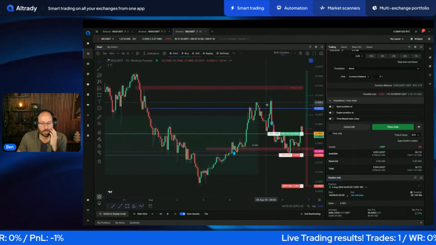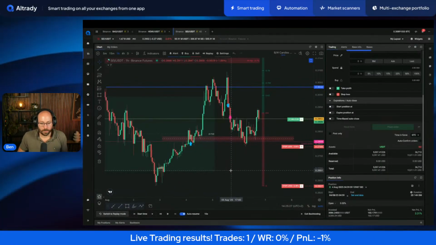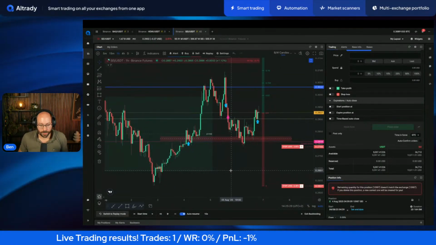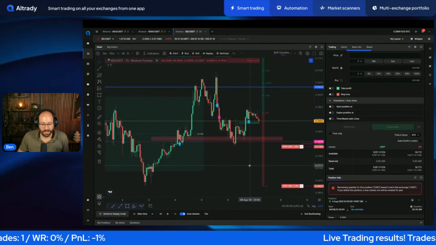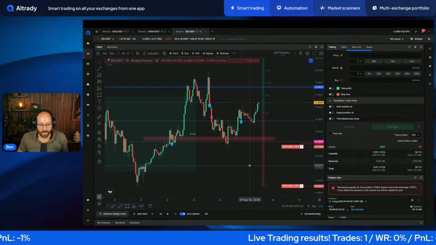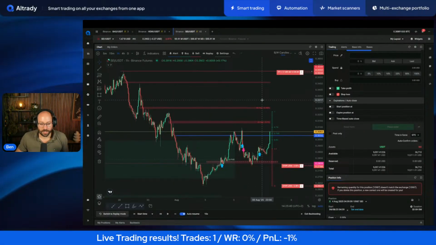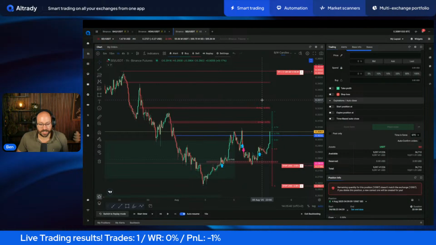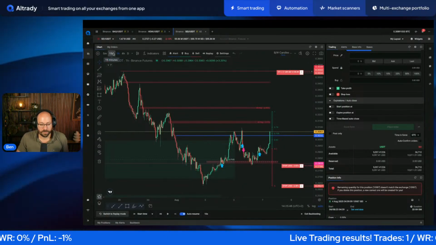Wait, 1 hour, go. So we know this one's going to get filled. And we're just going to stick with the daily 1 hour for now. Otherwise, I get confused. Yeah, that was a 4-hour fair value gap. Was there an entry?